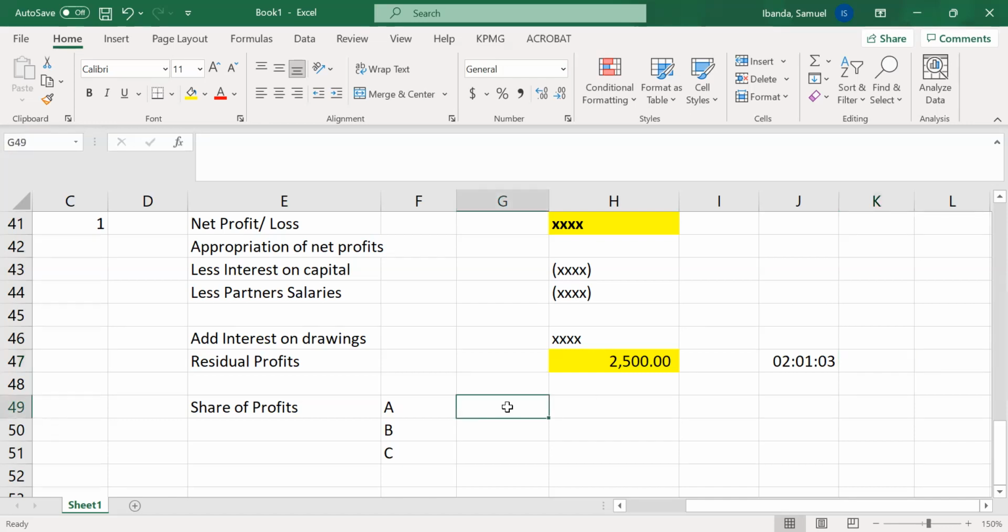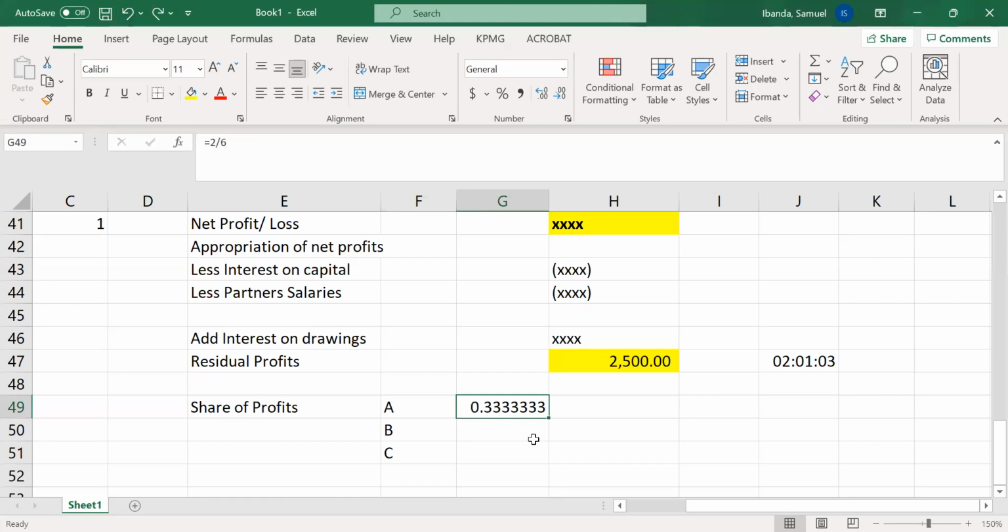So it means that A will get 2 divided by 6. Sorry, this one will not give me, let me just do the 2 divided by 6. Let me remove this and make it general. Sorry for my formulas here. But 2 divided by 6 will be like that.